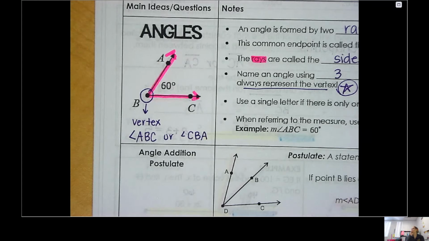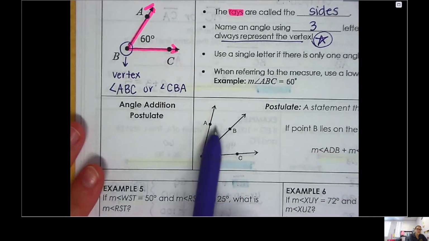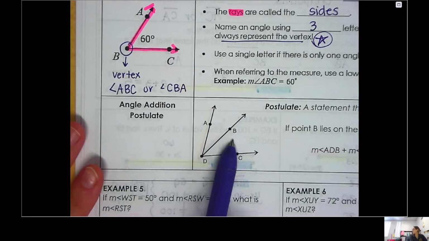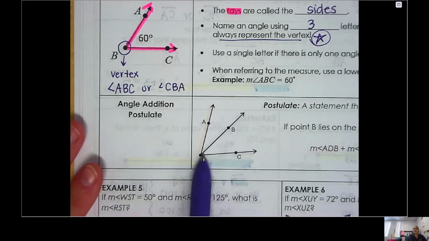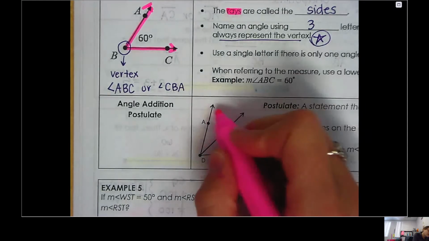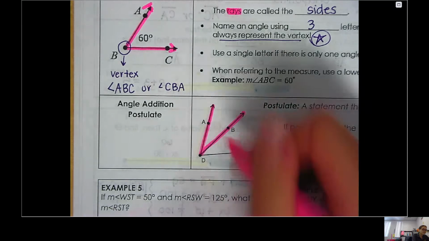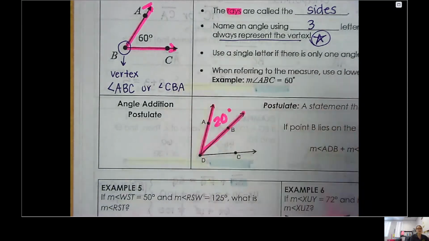All right, so here's what the postulate says. It is exactly like the segment one, except without a segment, it's with an angle. So here's what it says. If you take the 2 smaller angles and you add them together, you should get the larger angle. So for example, if I take this first angle right here, angle ADB, let's say that was 20 degrees. Write a 20 in there with me.